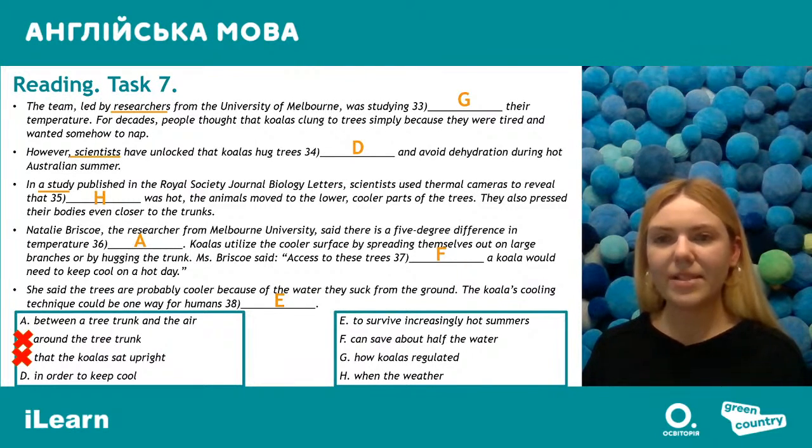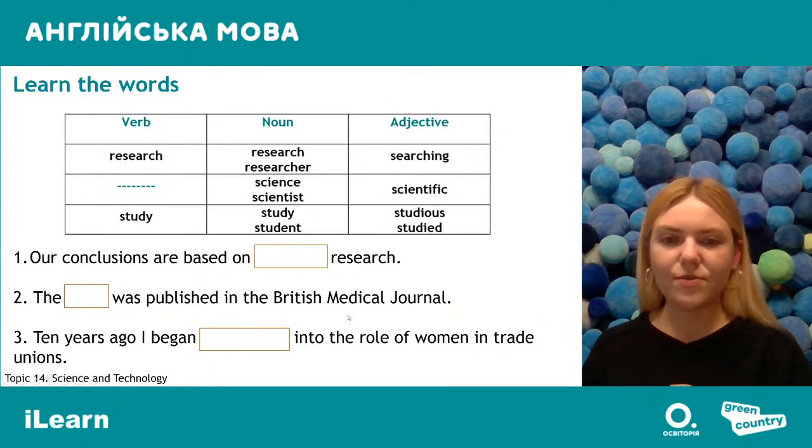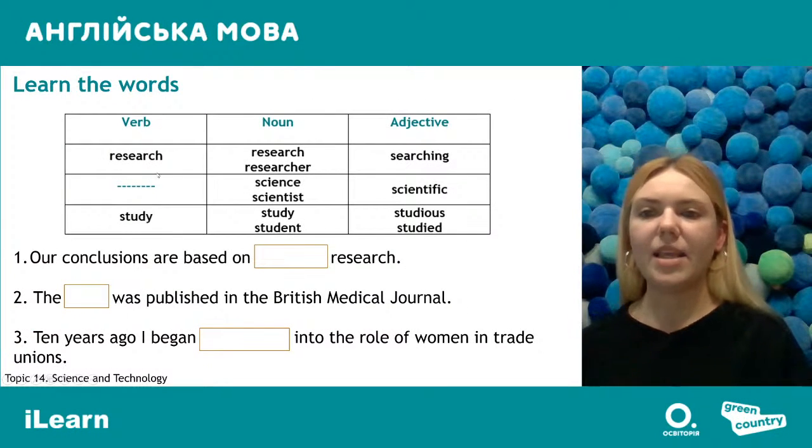And when we learn some new words, we also check the root families. So we check words of other parts of speech with the same root. Коли ми вчимо нові слова, я вам рекомендувала перевіряти однокорінні слова і слова з цим коренем інших частин мови. So we will try to look at some examples.